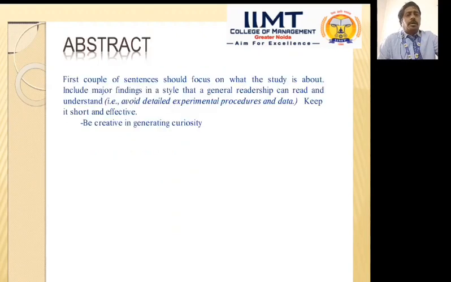Again, abstract. What is the abstract? The first couple of sentences should focus on what the study is about, and include major findings in a style that a journal readership can read and understand. Keep it short and effective, be creative, generating curiosity. Abstract is the first phase of any research paper.